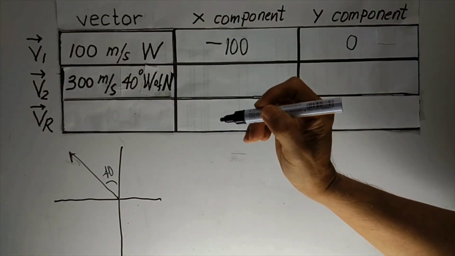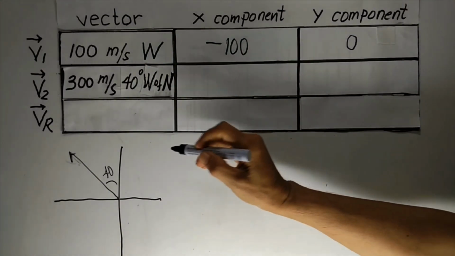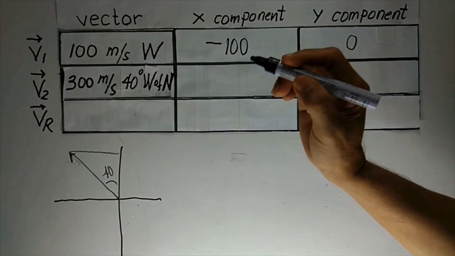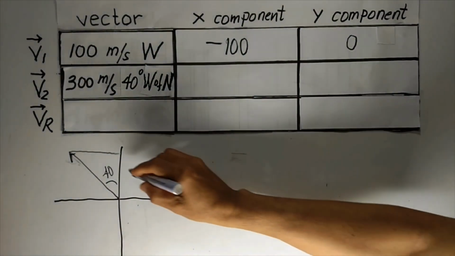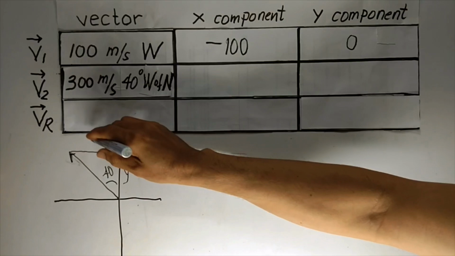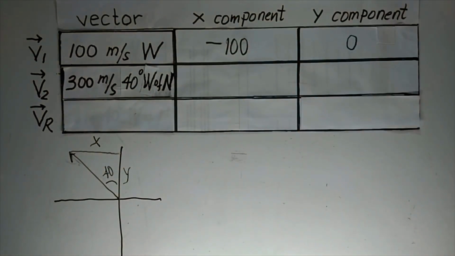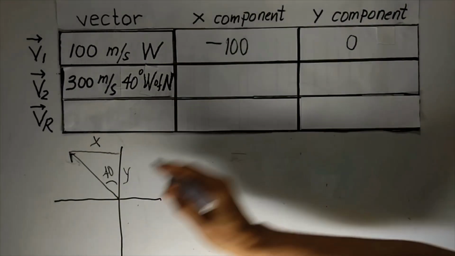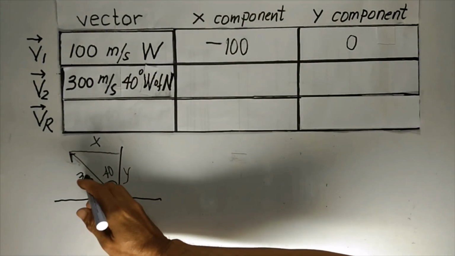Then we will draw a line to produce a right triangle, wherein this will be the y component and this will be the x component, with the hypotenuse, which is given, 300.